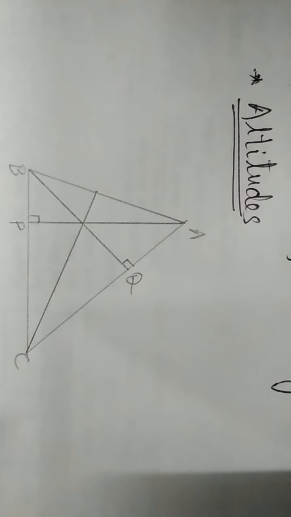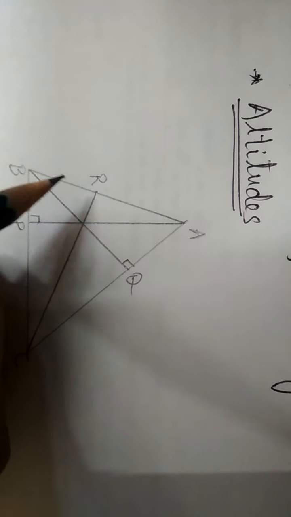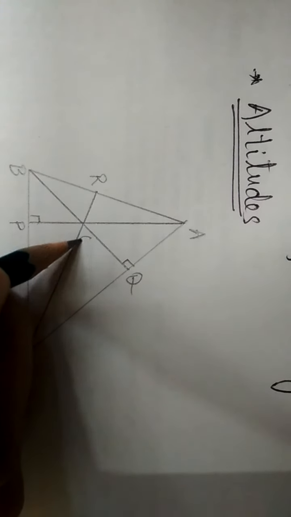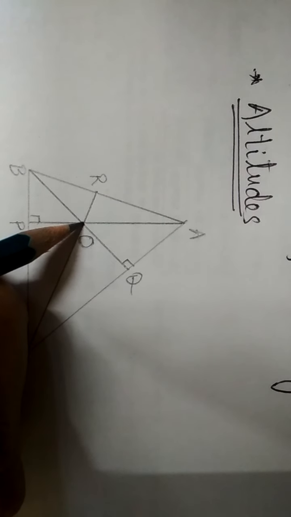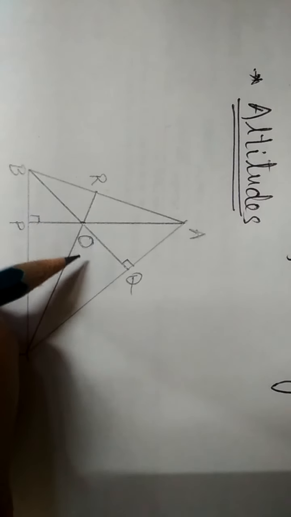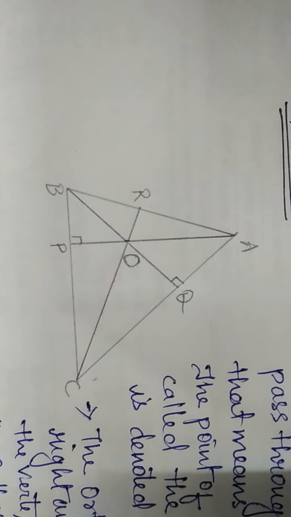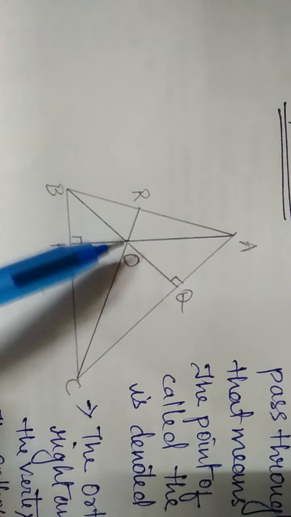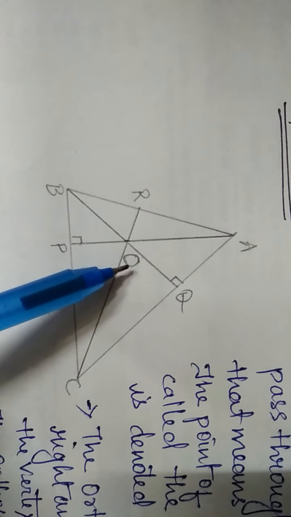We name the feet P, Q, R. This point where the three lines intersect, the point of concurrence, is called the orthocenter of the triangle, and it is denoted by the letter O.